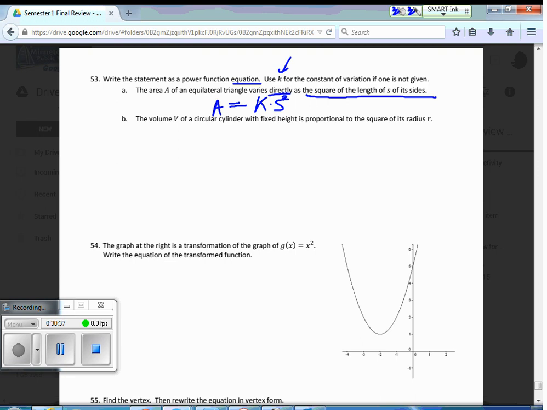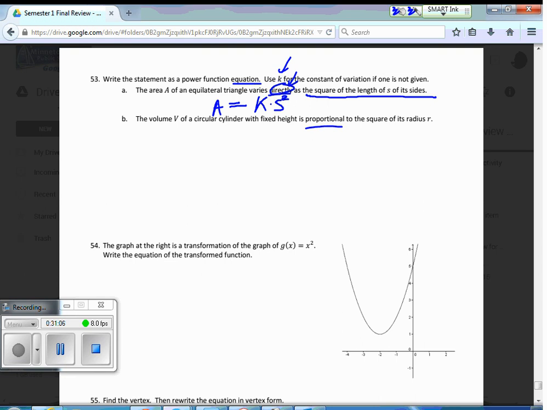If it had said indirectly or inversely, I would have put it in a fraction like this. If it had said inversely versus directly. Yes? Proportional means normal, not inverse. So proportional means directly. It's a good question. That means the same as that.